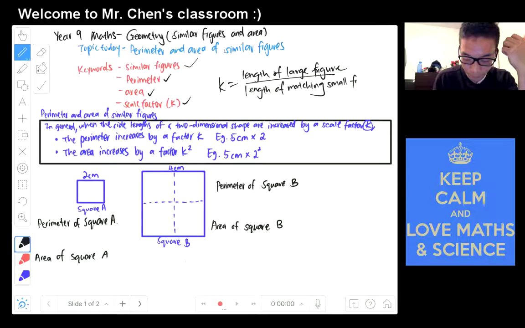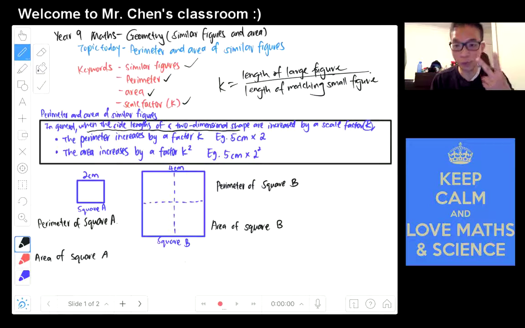Okay, so that's your K, which is your scale factor. So perimeter and area of similar figures in general: when the side lengths of a two-dimensional shape, so 2D shape, not 3D, are increased by a scale factor, the perimeter is increased by a factor of K. Okay, I will explain what it is.